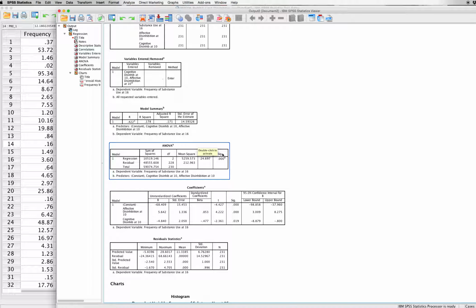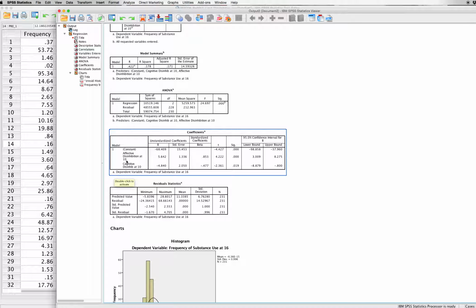We look at the ANOVA. Overall, the model is significant again. If you look at the coefficients, we see that affective disinhibition, controlling for cognitive disinhibition, still comes out to be significant.